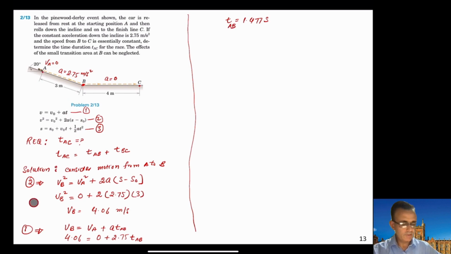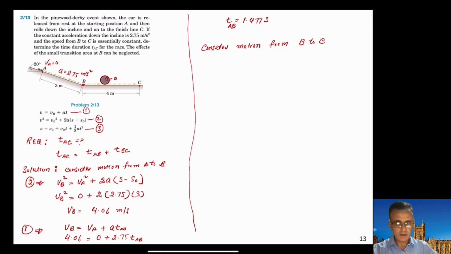Now that you know the time from A to B, we can calculate the time from B to C. Consider motion from B to C. We know that the distance here is 4, and the velocity at B is 4.06. The velocity at C is obviously 4.06 because the acceleration is 0.